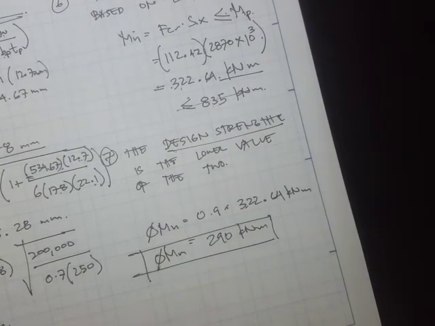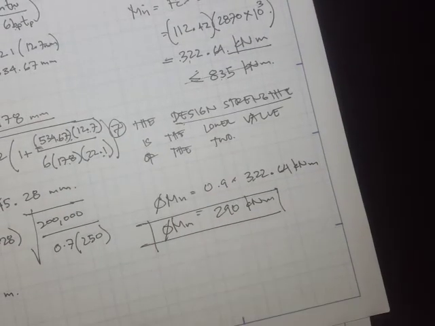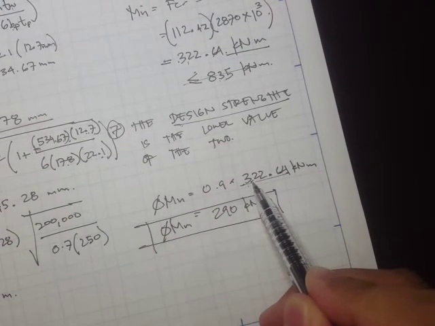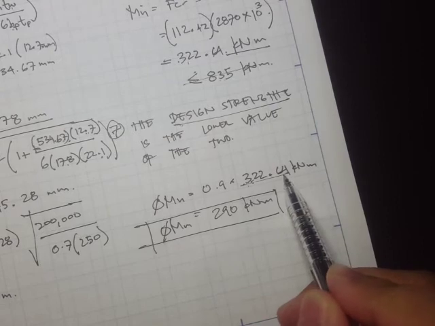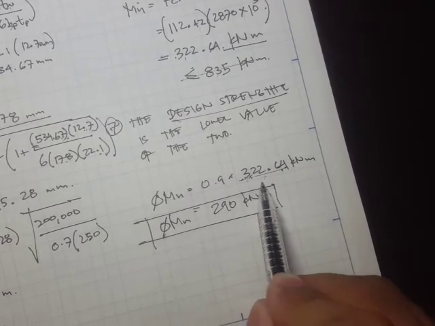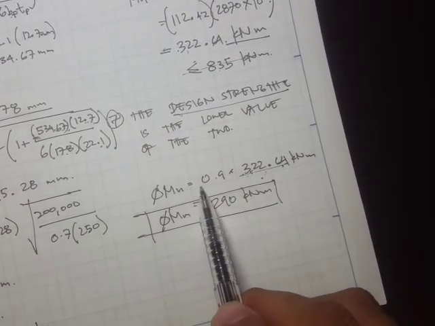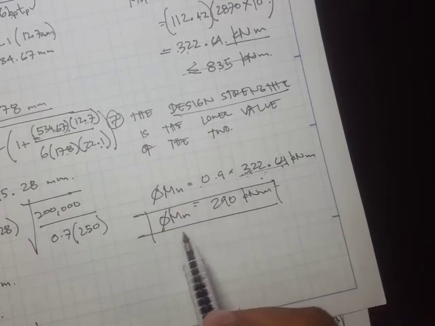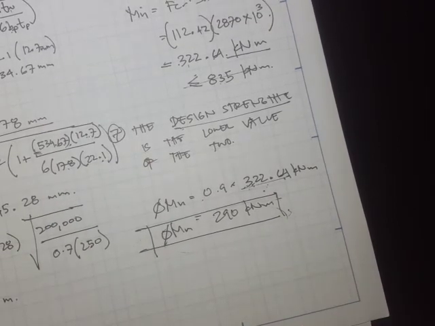The governing strength would be the lower of the two, and that's the 322.64 based on the lateral torsional buckling, and we multiply that to our strength reduction factor, and therefore this will be our design strength, 290 kilonewton meter.